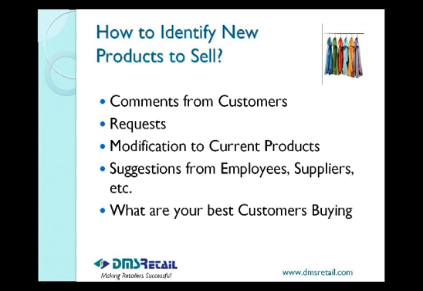That would show you what other items you should be carrying, obviously. And that is the most powerful way of identifying new items to sell. So I hope this answered the question of how to identify new products to sell. And we're going to move to the next question now.